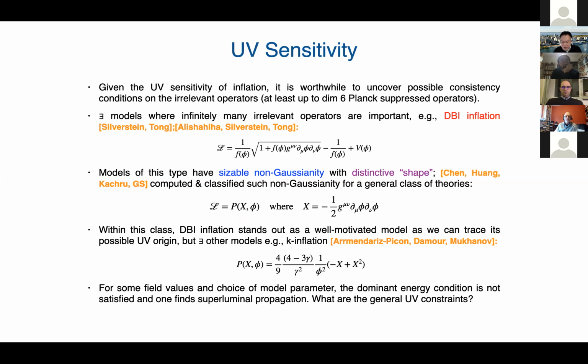Other than the obvious question of why we can truncate this infinite series when all the higher order operators are important, you find that for some choices of the model parameters, the dominant energy condition is violated, and you find superluminal propagation. So except for DBI inflation, many of these models may potentially face obstructions to UV completions. The question is, what are the constraints that separate the good theories from the bad ones?